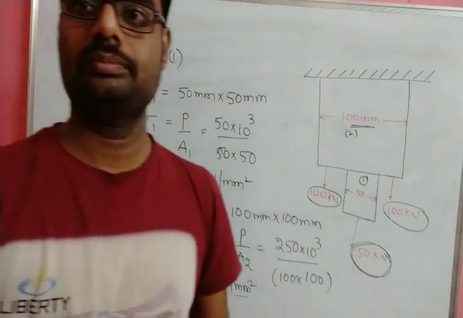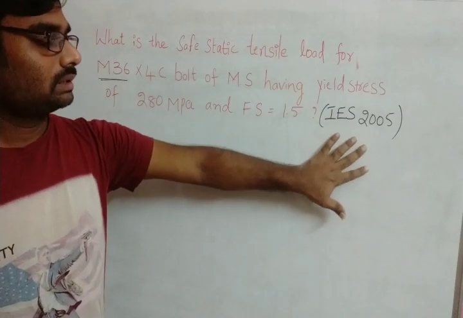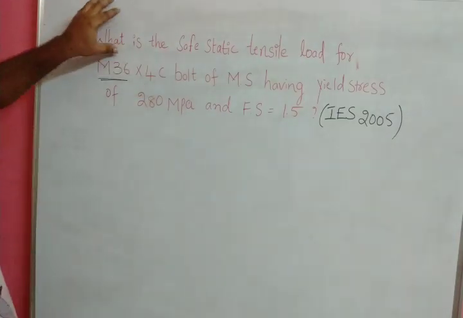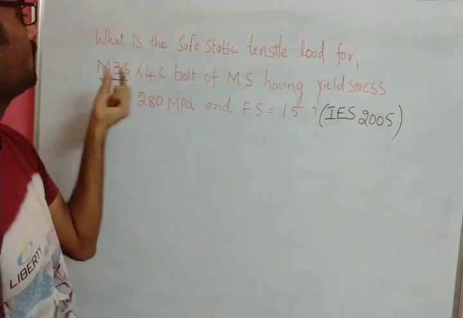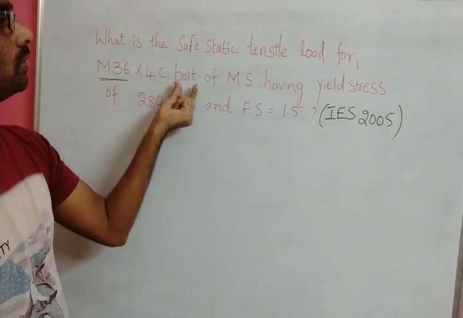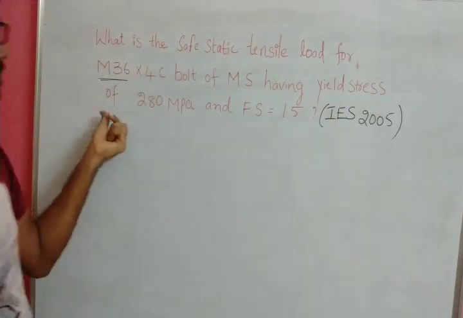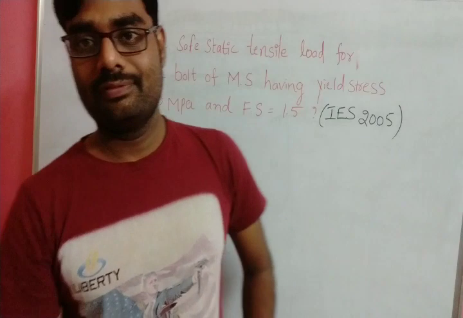Okay, next question, given in IES 2005. What is the safe static tensile load for an M36 bolt of mild steel having yield stress of 280 MPa and factor of safety equal to 1.5?